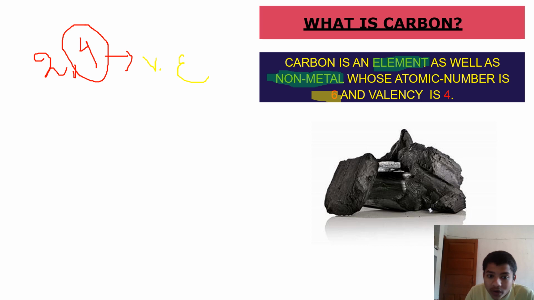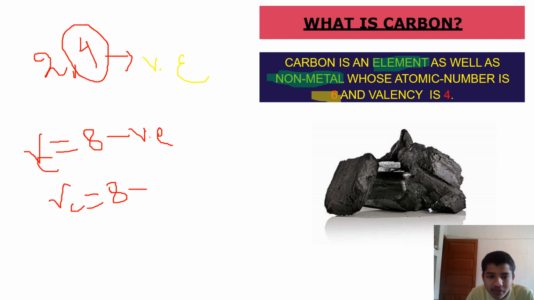So how can we find the valency? We can find the valency of carbon like this: valency equals 8 minus valence electrons. So valency of carbon is equal to 8 minus, what is the valence electron count over here? It is 4. Therefore the valency of carbon is 4.